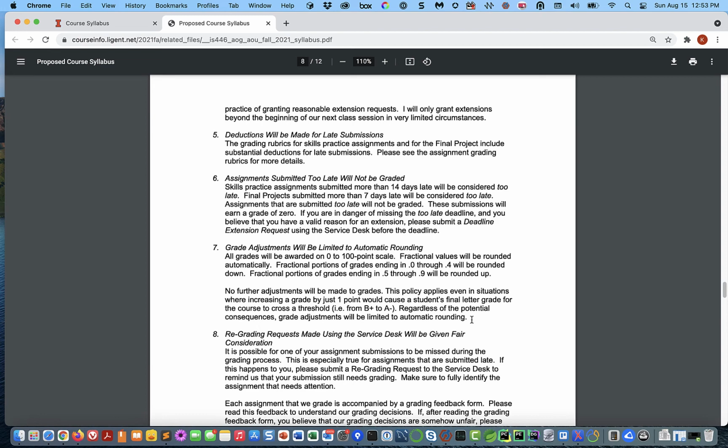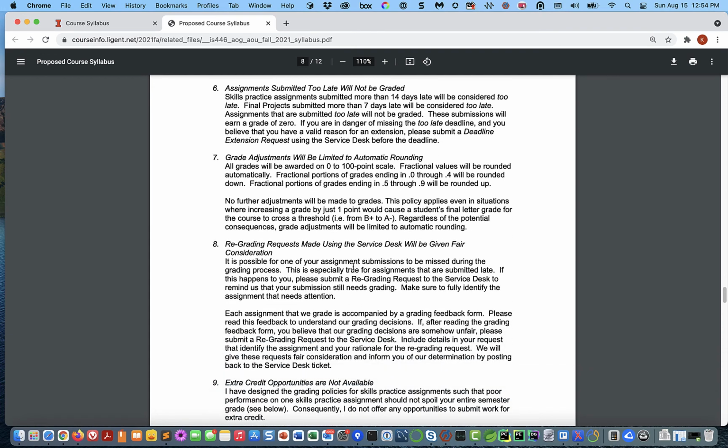So it's just a B plus, not quite an A minus, or it's just an A, not quite an A plus. And they have all these questions like, what if I could just get one more point? And the answer is the only thing we're going to do to adjust grades is to round the fractional values automatically. Okay.